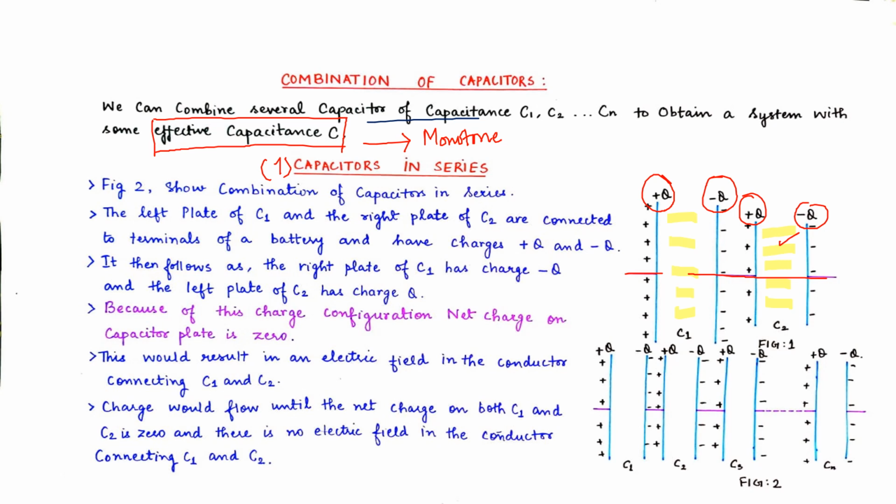Now this is figure 2, and this one is figure 1. Figure 1 shows the combination in one form, but figure 2 shows the combination in the format of series.